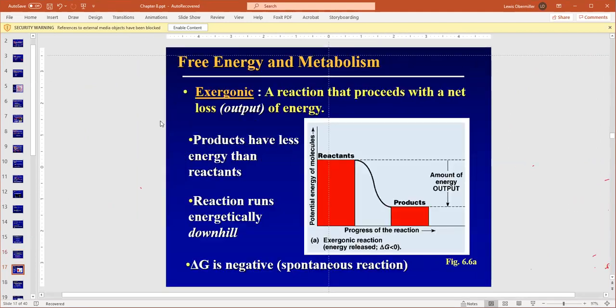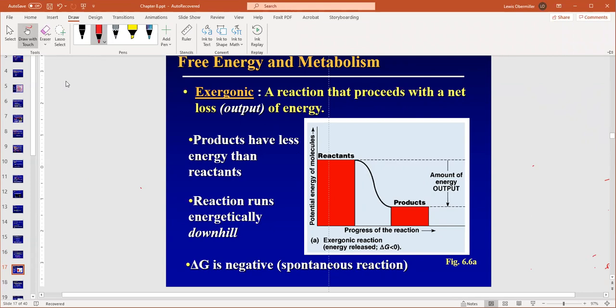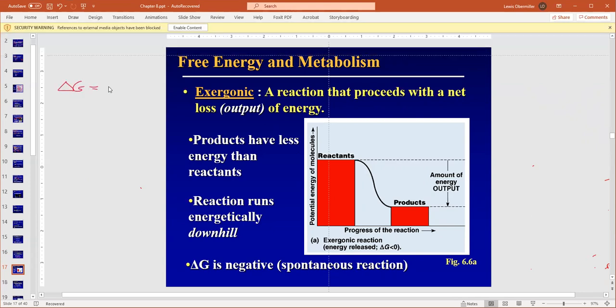Okay, so we left off talking about spontaneous versus non-spontaneous reactions. Just remember that for the test, I will give you the formula. You just need to know what each of the terms means. So delta G is Gibbs free energy. Delta H is the enthalpy, which is the energy in the system.